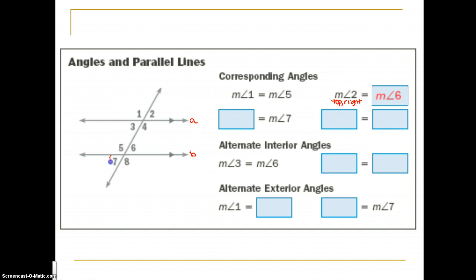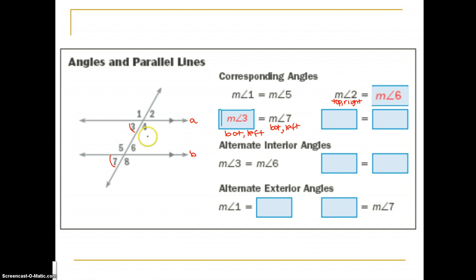Angle 7. Here's angle 7. Angle 7 is the bottom left. So what else is on the bottom left of the other parallel line? So not line B. Let's look at line A. Here's line A. Bottom is 3 and 4. Left is 3. So measure angle 3.